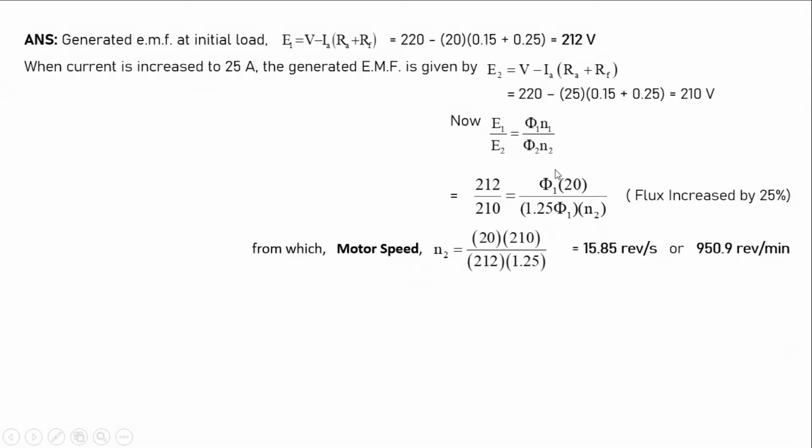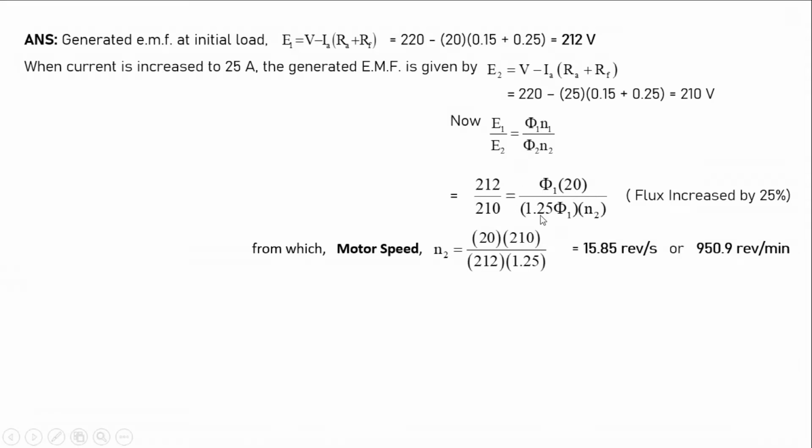So what are N1 and N2? These are the speeds. When E1 is 212 and it is taking 20 amps current, the flux is phi1 and the speed is 20.